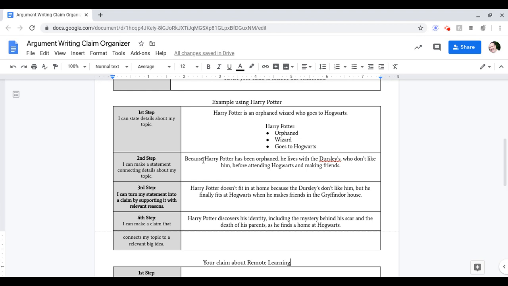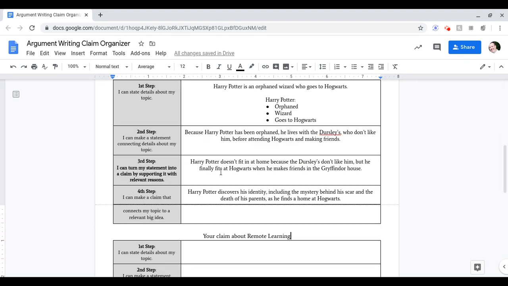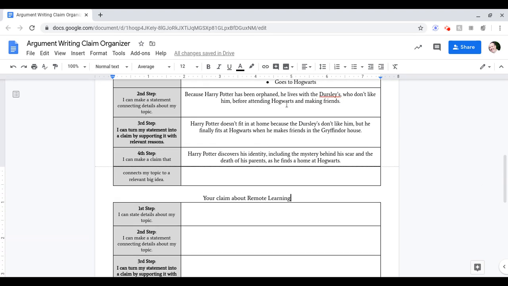And then it talks about because Harry Potter being orphaned, he lives with the Dursleys who don't like him, and how that shapes part of Harry's evolution into a wizard. Then we've built off of that for the claim. And then you can see this universal understanding about Harry Potter. It's got a claim, but it's got those big ideas, identity, death, all that sort of stuff that you have looked at in that list of big ideas.